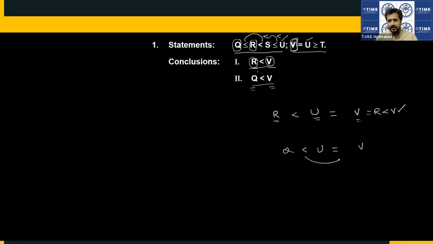So less than and equal to leads to less than. So Q is less than V, and even this one follows. Q less than V follows, and R less than V follows. Both 1 and 2 follow, which is choice 5.